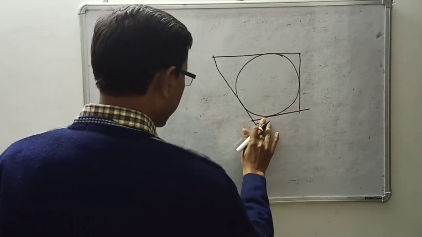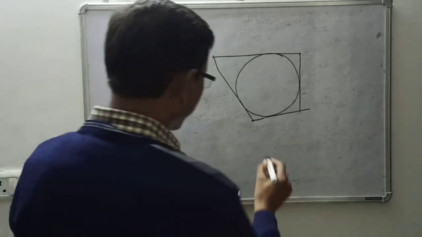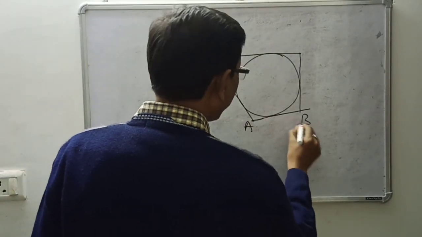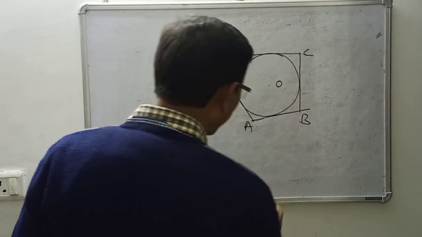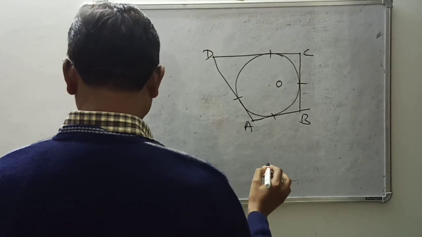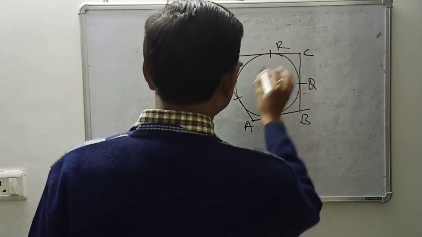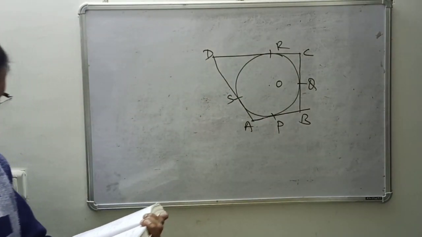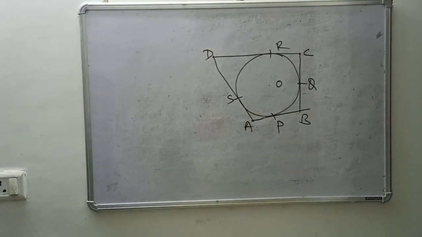Suppose you have ABCD, a quadrilateral that is circumscribing the circle with center O, touching at the points P, Q, R, S. Then what to prove? AB plus CD, that is, the sum of the opposite sides are equal.